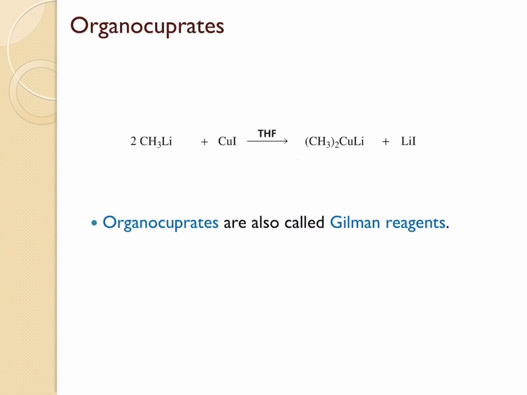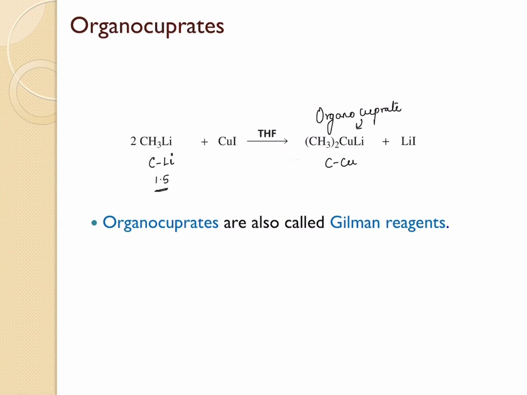Here is one more example of transmetalation, where a more reactive organolithium compound is converted into a comparatively less reactive organocuprate. Let's find the relative polarity of these bonds. We have a C-Cu bond. We talked earlier that the electronegativity difference for carbon-lithium is 1.5.